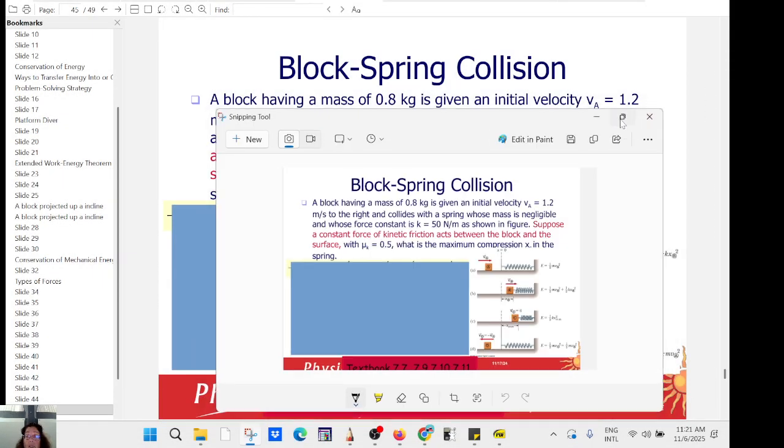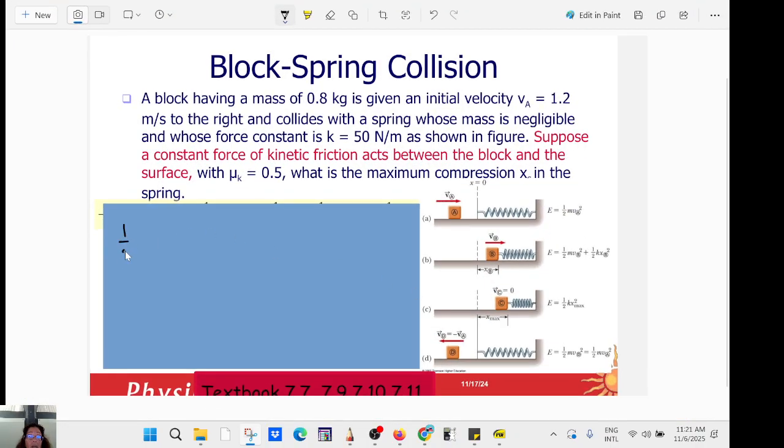So you say initial kinetic energy will be in your reservoir, and then you take away some of the energy because of the work done by friction, that will be the frictional force times X, and at the end that will be 1/2 K X squared. And that will be the same X.